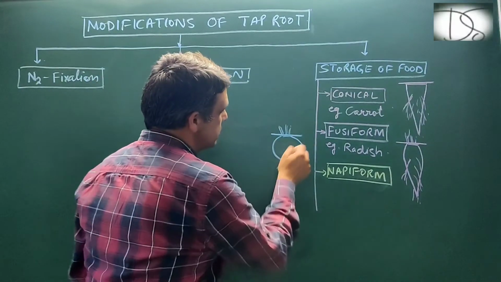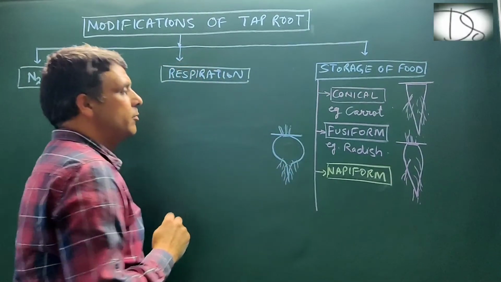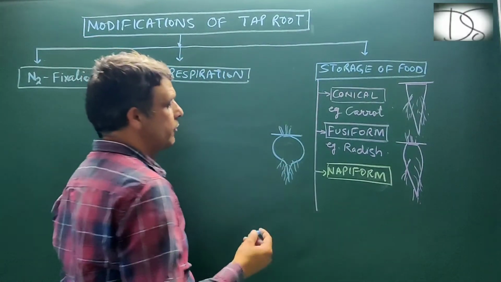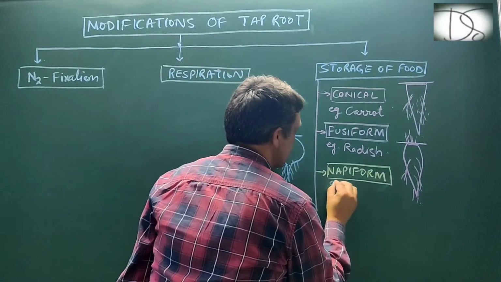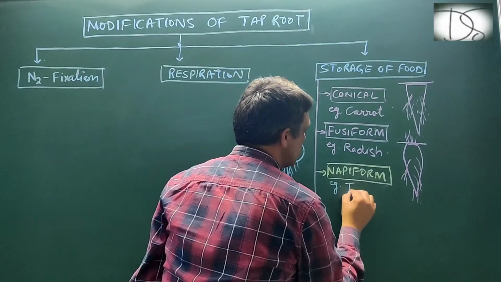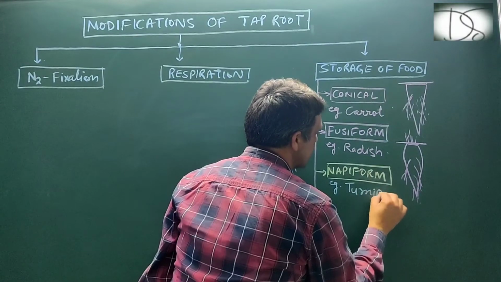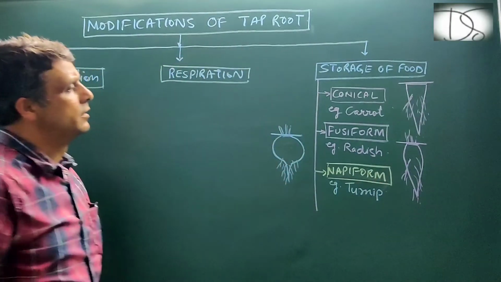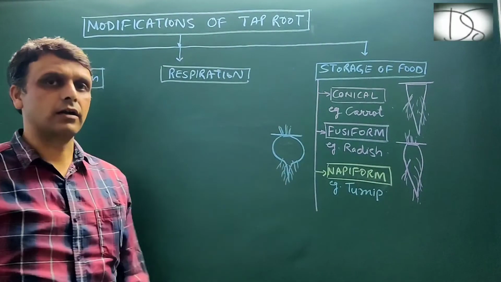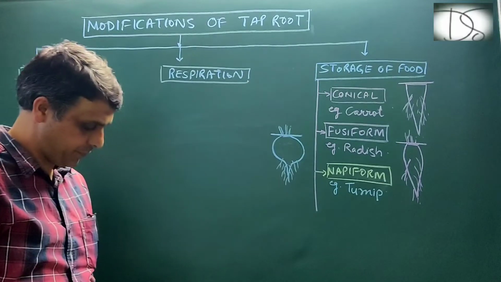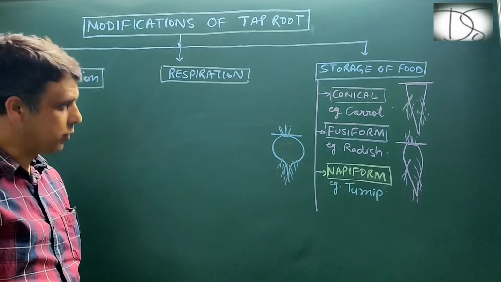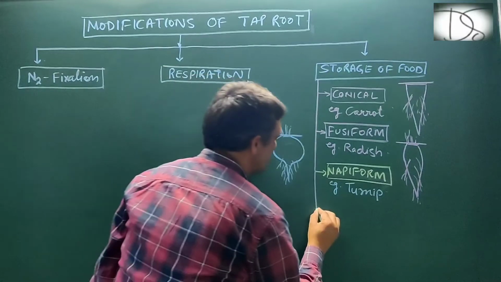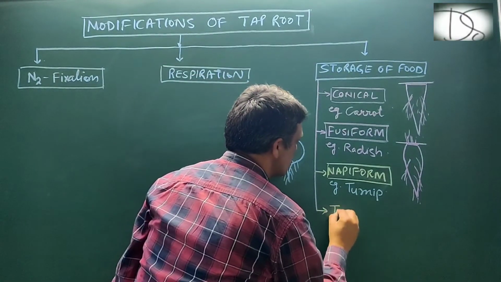So this is the napiform modification of taproot for the purpose of food storage. An example here is turnip, and you can easily compare the carrot, radish and turnip based upon their shape. Next we shall talk about the tuberous roots.